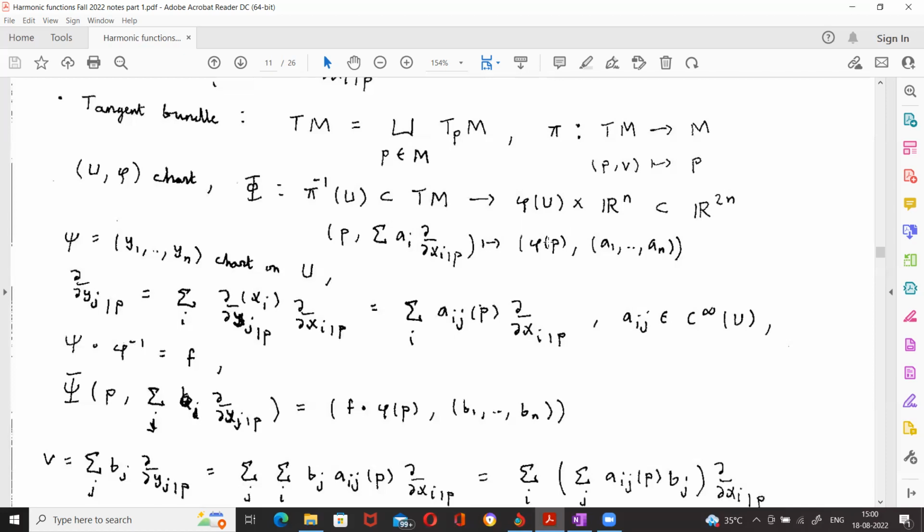I want to use these bijections to define a topology on TM. If I take a point in pi inverse U, I just have to say what the neighborhoods of it are. I'll say a set is a neighborhood of it if the image of it under capital phi is a neighborhood in R2n.